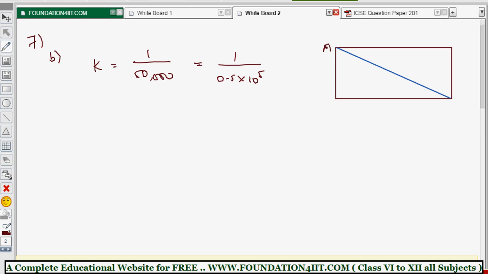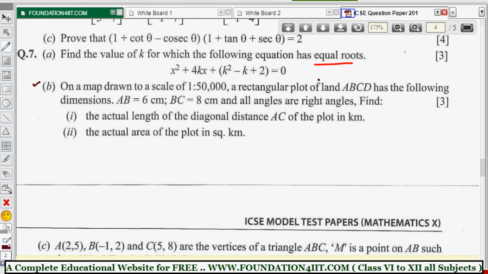So the length and breadth are given. This is 8 centimeters and 6 centimeters. AB is 6 and BC is 8, as given. So we need to find out the actual length of the diagonal distance AC of the plot in kilometers.